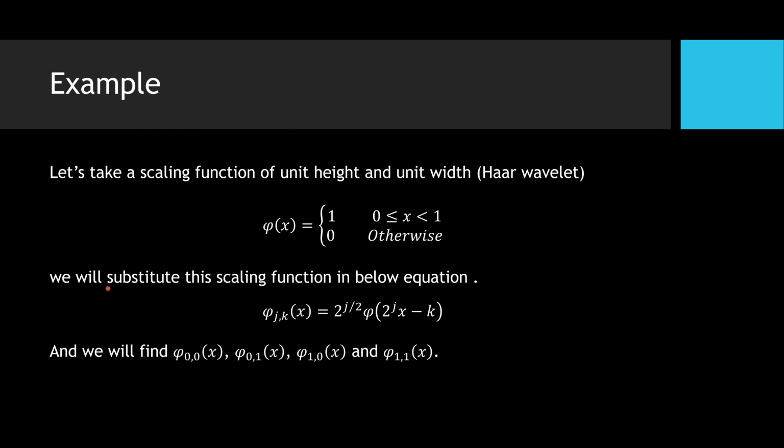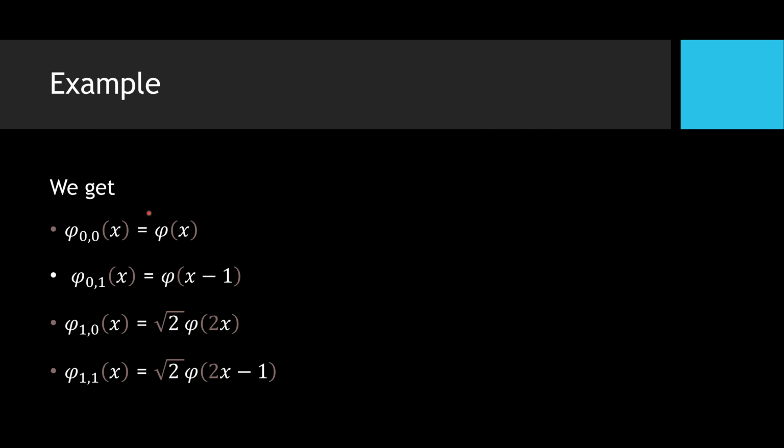That is a point to be noted. On substituting, we get psi of 0 comma 0 of x equal to psi of x, and psi of 0 comma 1 of x equal to psi of x minus 1.